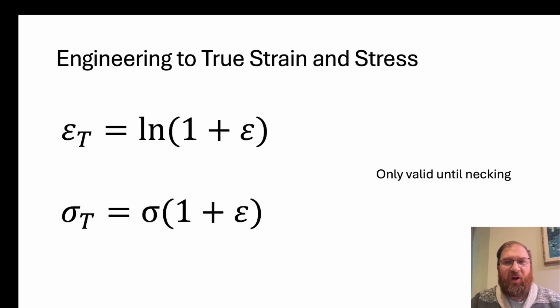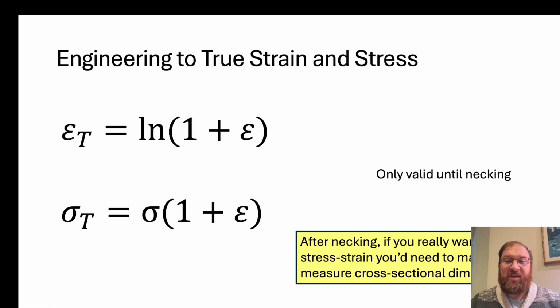They essentially break down once necking occurs or once the cross-sectional area becomes heterogeneous, so whereas there's the necking and then the rest of the bar, these become invalid. And so if you really need the true stress and true strain for the entire curve, what you would have to do is manually measure the cross-sectional dimensions of the necked region.